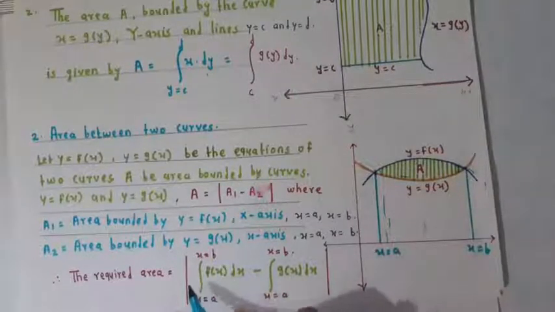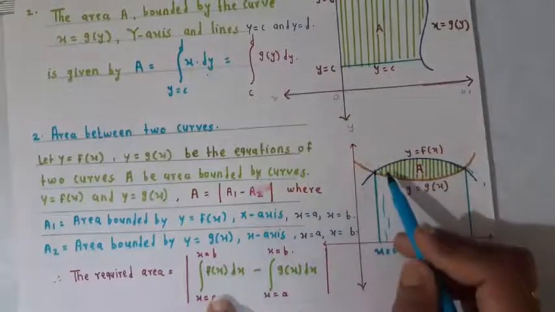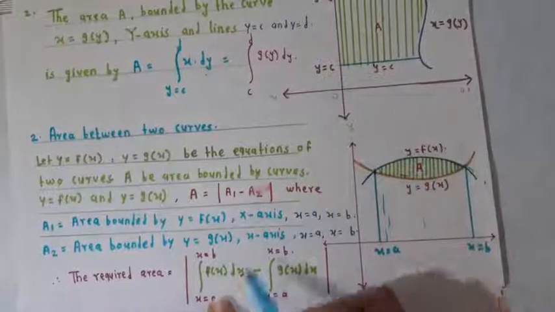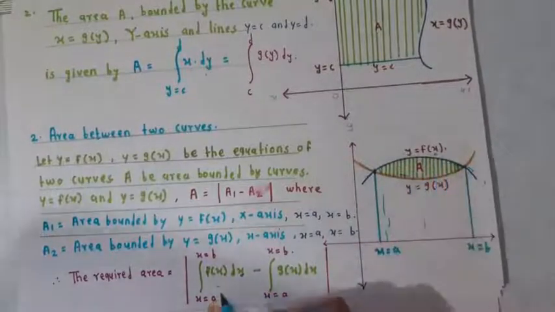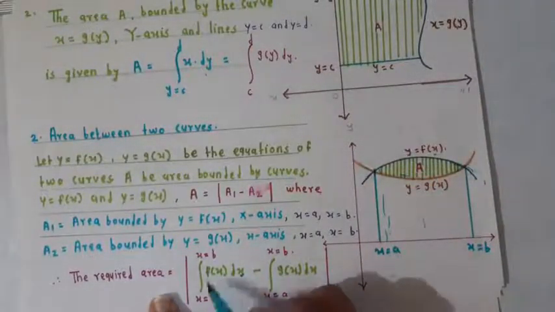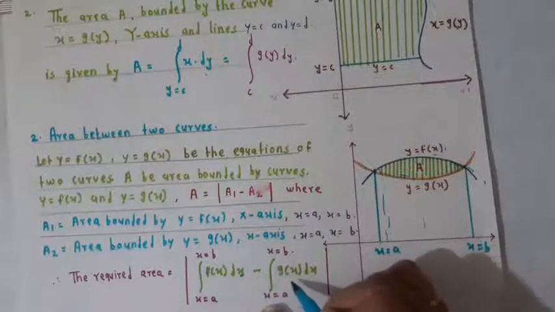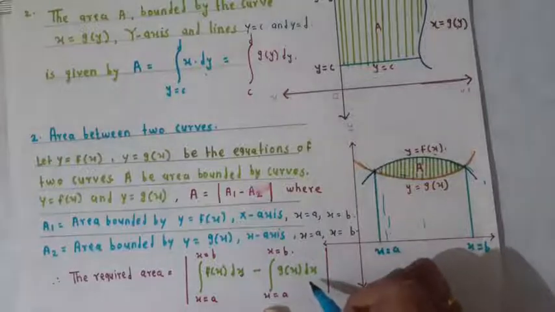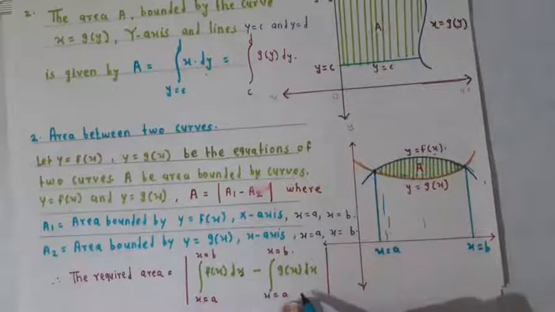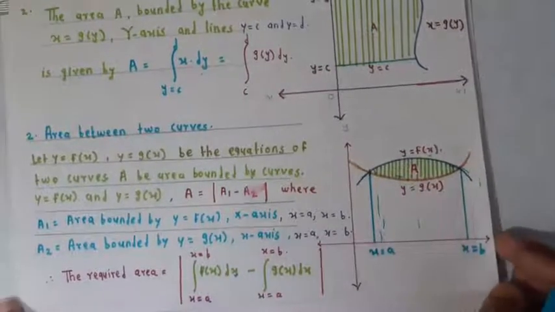The required area equals mod of the integration of f of x with respect to x, because here y is a function of x, limits of integration from a to b, minus the integration of g of x with respect to x, limits a to b. That is this area minus this area in the mod sign, because area is always positive.